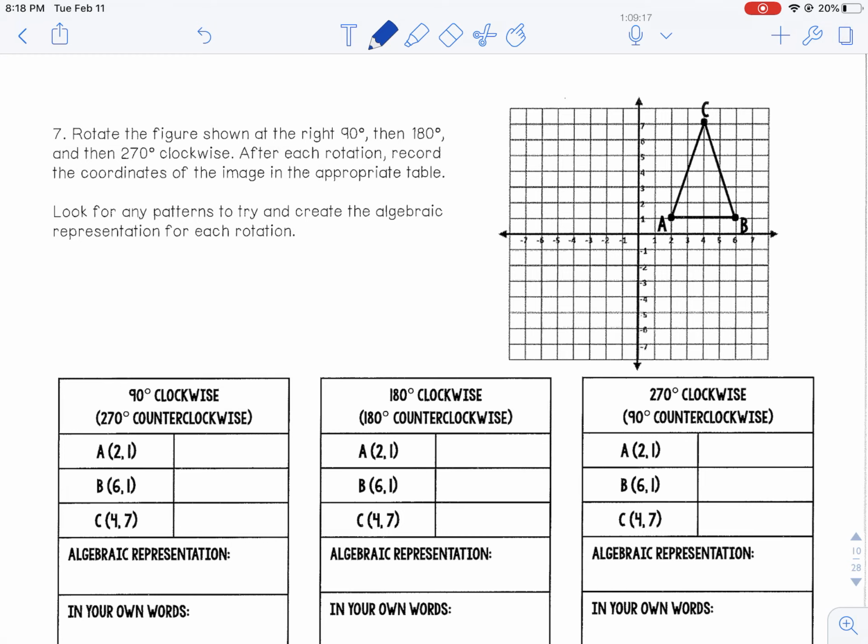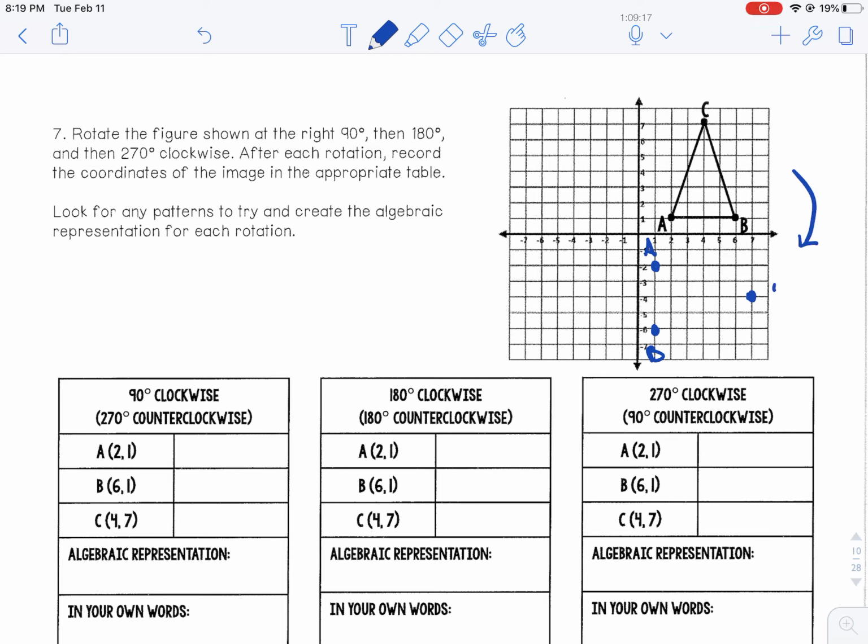So if I go clockwise, this will be our first one here, and A is going to be here and here and here. Now, I'm going to be straight up honest with you. These are hard for me without using a marker board or something called patty paper.